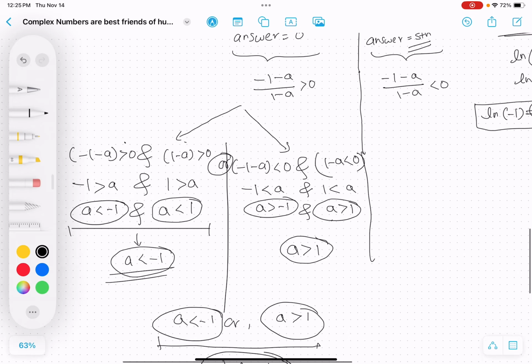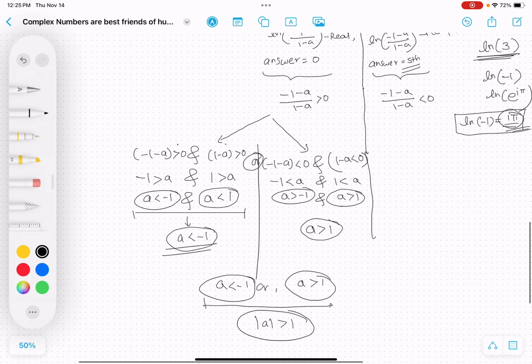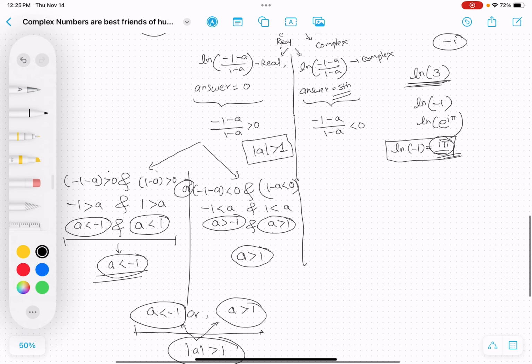So we got a common result that captures both solutions. That means it's positive when the modulus of a is greater than 1. If you are a student of SKU, you might recognize that this was the condition given in the problem as well. I was just trying to make sense of why that case was given. Now in this case, we'll go similarly.